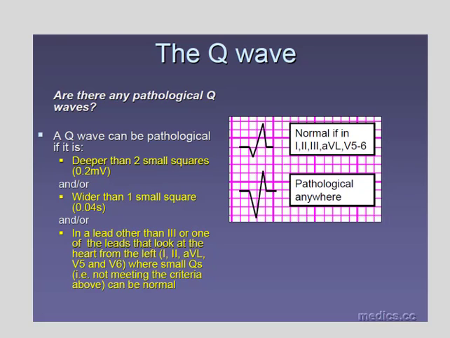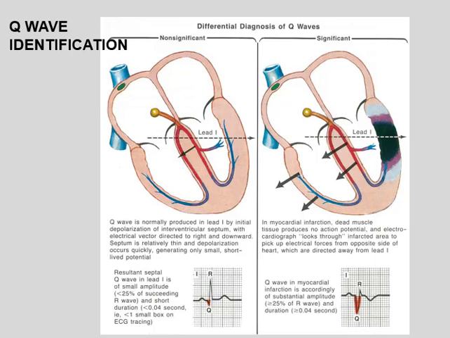And these types of Q waves are considered normal, called septal Q waves, if they occur in leads 1, 2, AVL, V5, and V6, and some authors include, as here, lead 3. And any bigger Q waves are considered pathological anywhere. Just be aware that there can be insignificant Q waves that do not mean pathology. And we'll follow that up on the next couple of slides.